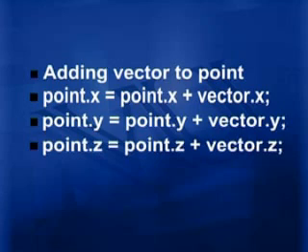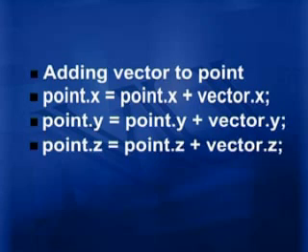If we need to add them together, what would be the resultant? If we have a vector and we need to add a point to it, then we say that point dot x would be equal to point dot x plus vector dot x. So the x component of the point and the x component of the vector would get added together.